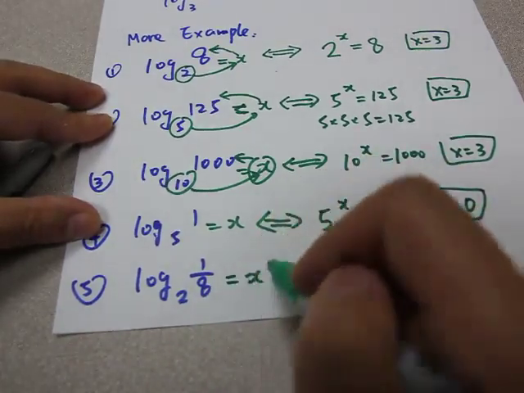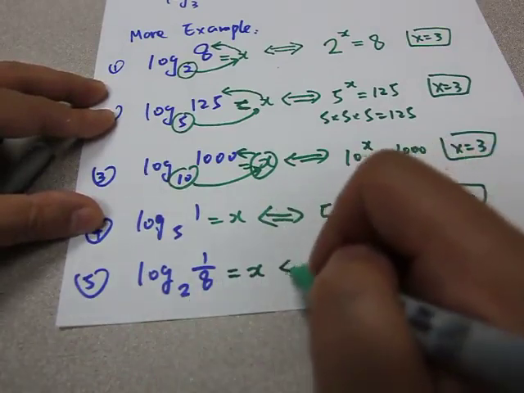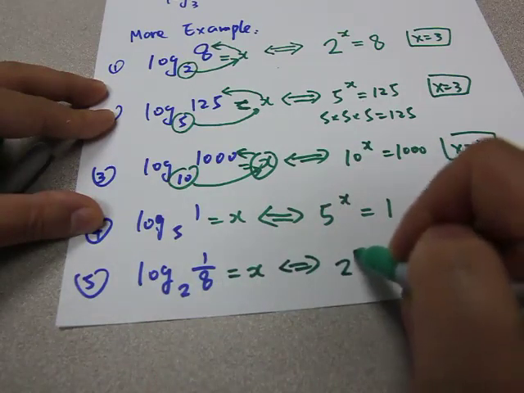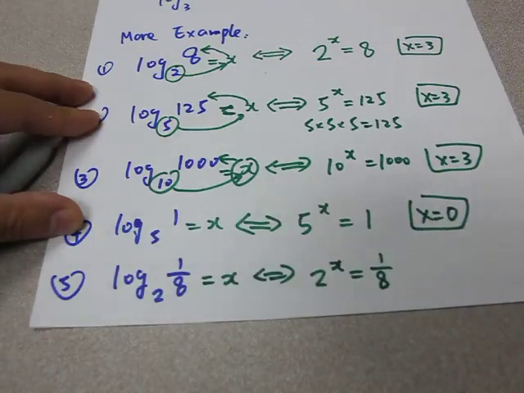And the last one, log 2 of 1 over 8. This is 2 to the x equals 1 over 8.